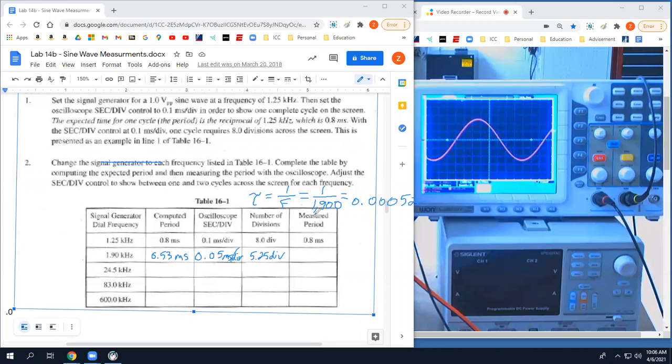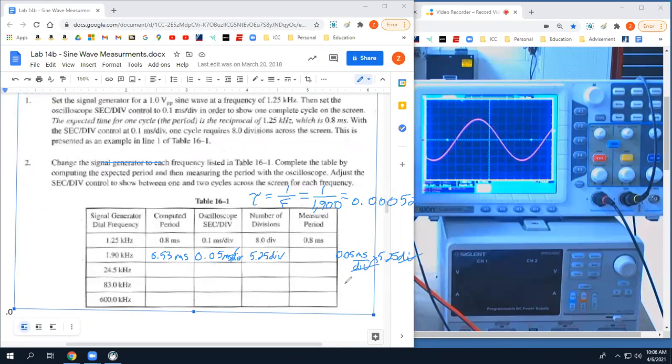So how do I get my measured period? That's going to be milliseconds per division times divisions. So 0.05 milliseconds per division times 5.25 divisions.